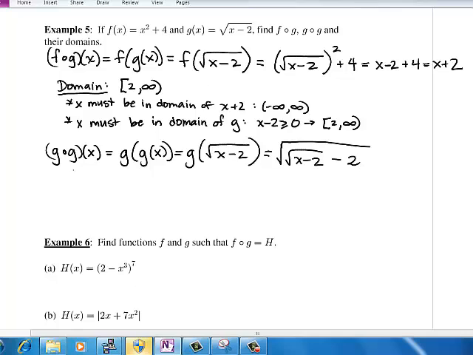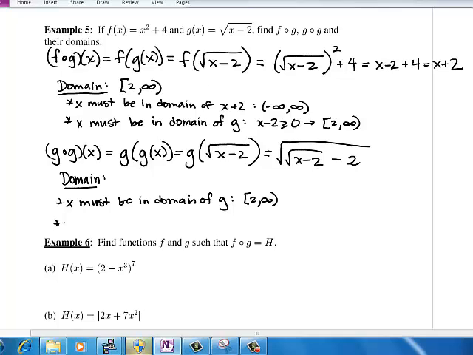And now for the domain, this one will be the trickiest of them that we've seen so far. Let's do this first. So we know that x has to be in the domain of the inside function, which is g. And we just above figured out the domain of g was 2 to infinity.